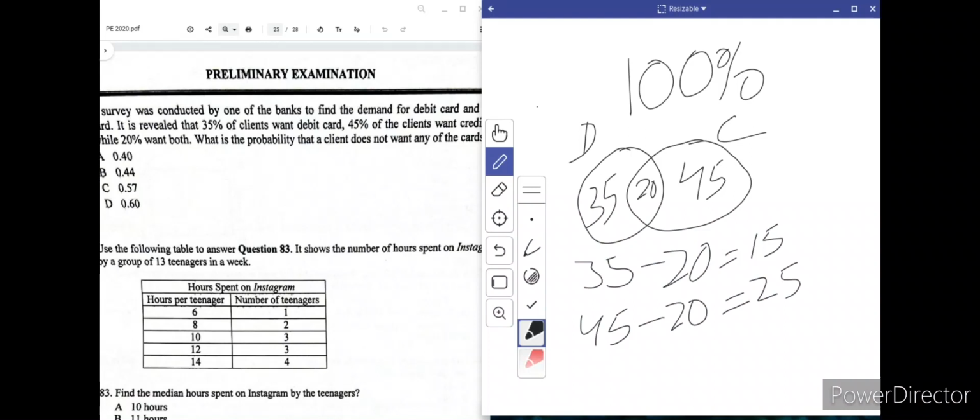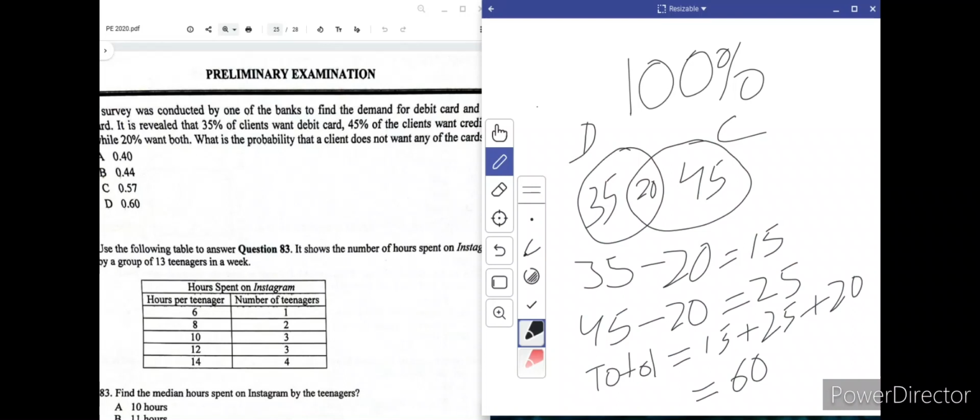And now the total number of persons who want credit card or debit card would be 15 plus 25 plus 20. 15 who want only debit card, 25 who want only credit card, and 20 who want both. So 25 plus 15 is 40, plus 20 is 60.